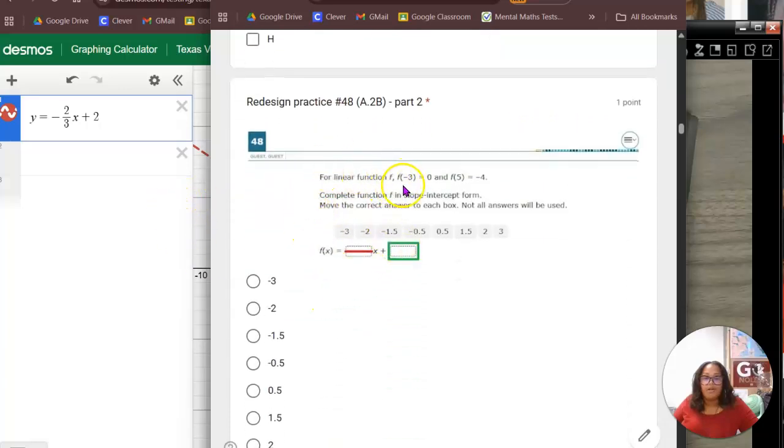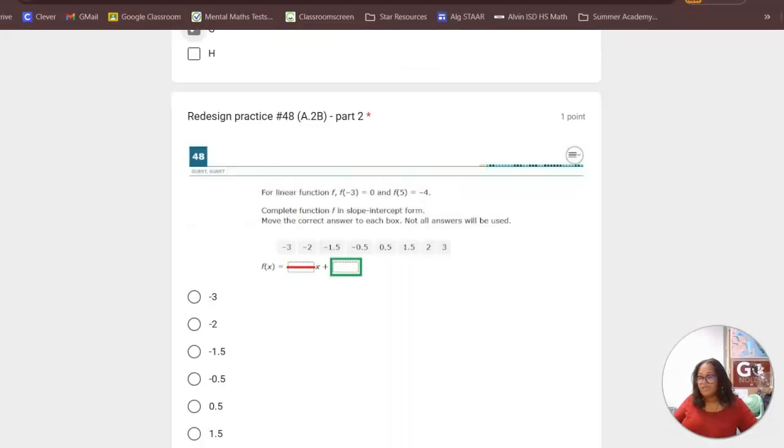For a linear function f, f of negative 3 equals 0, and f of 5 equals negative 4. This is a table. My x is negative 3, my y is 0, my x is 5, and my y is negative 4. I've got 2 points there. So let's write them down.